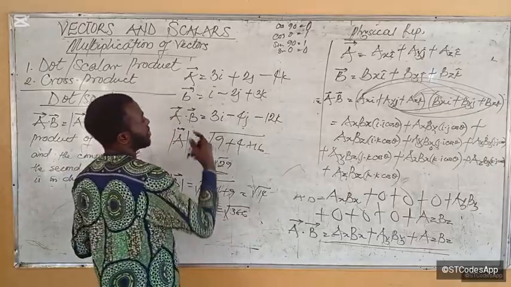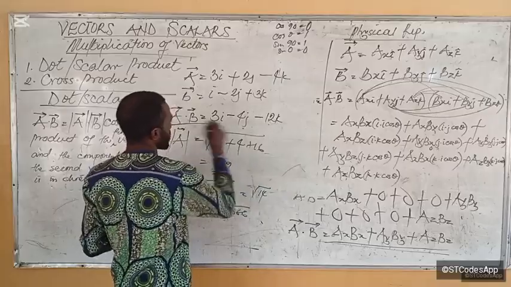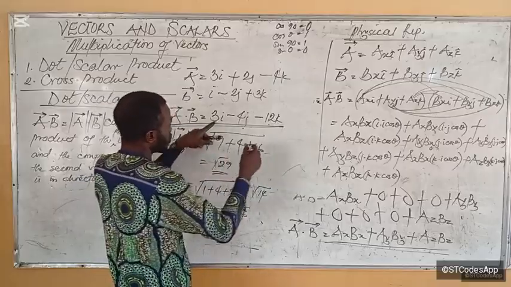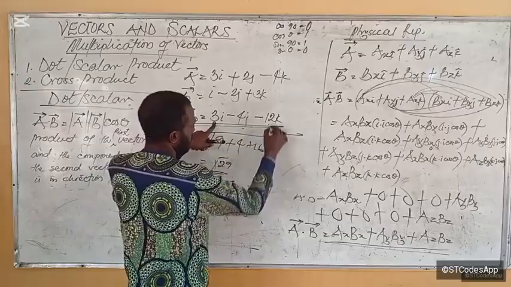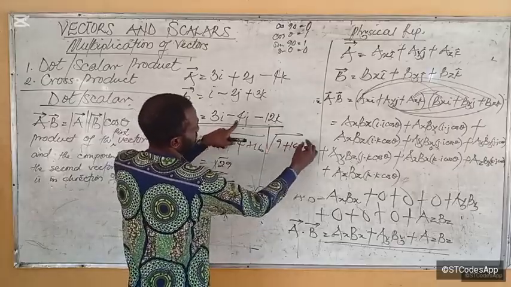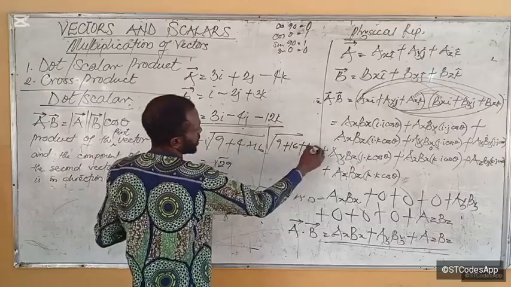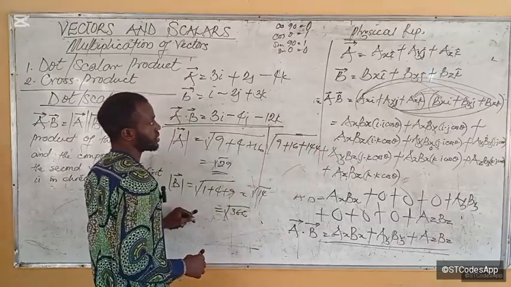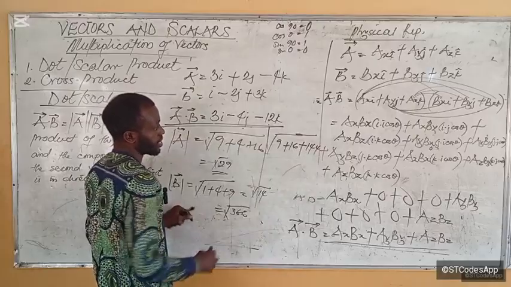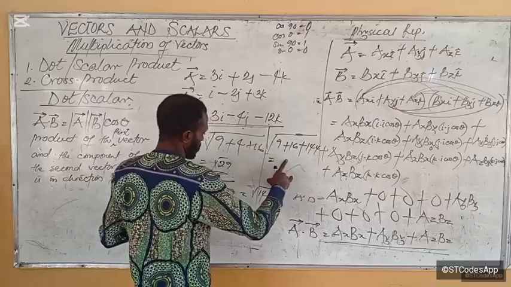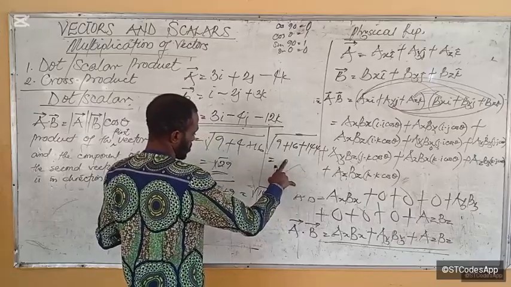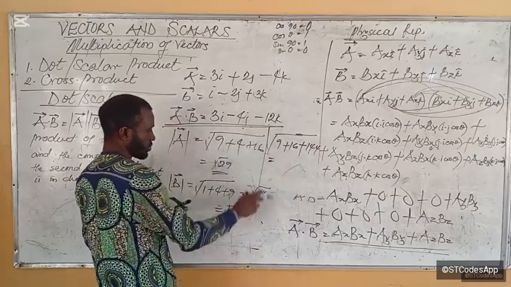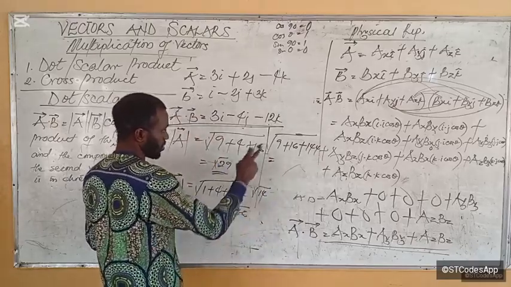Now let's check on this guy. Let's check on what I gave you here as the answer. Square this guy gives us 9, plus square this guy 16, plus square this guy gives you 144. This is supposed to give us relatively the same value.